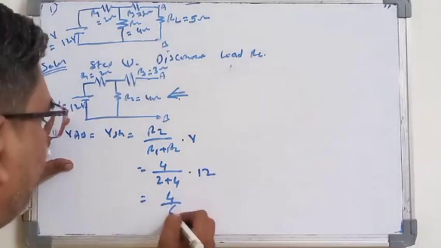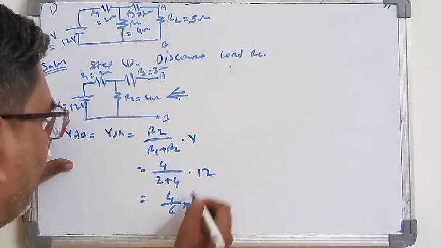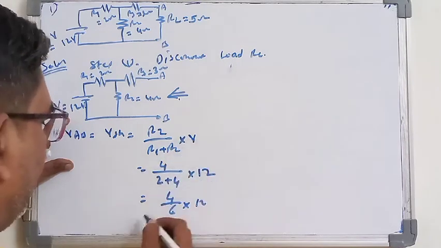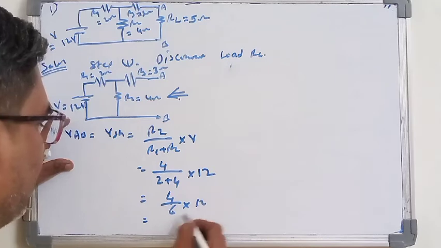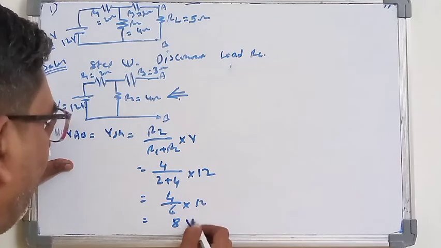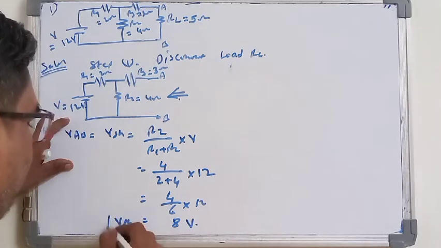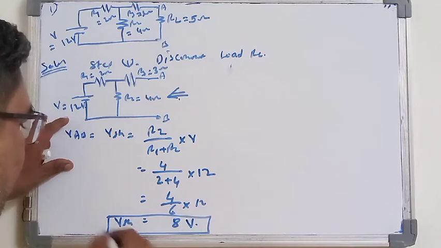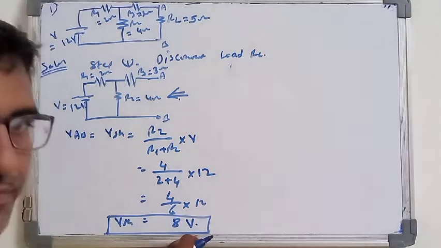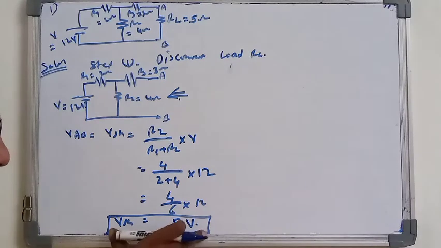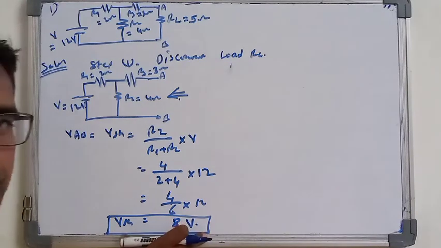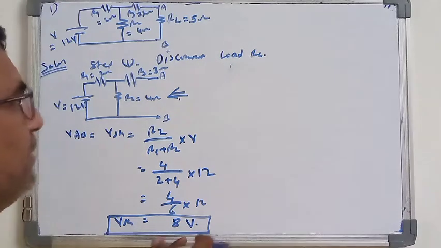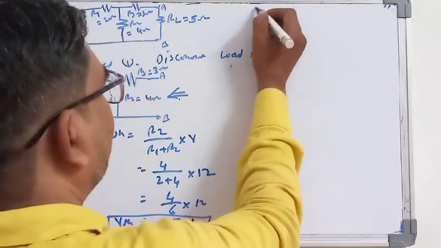So 4 by 6 into 12, you will get 8 volt. The VTH value is 8 volt. You have to make a box so that it is clearly understood what the value for VTH is.